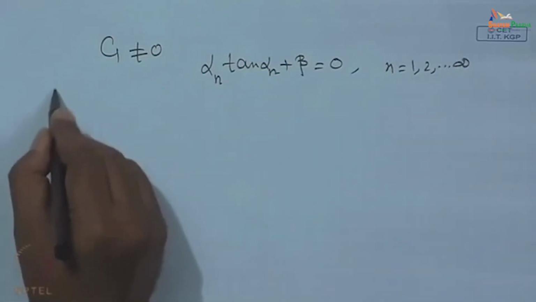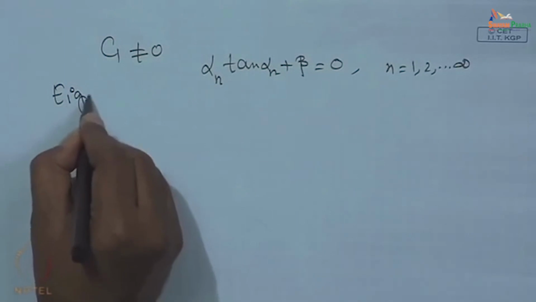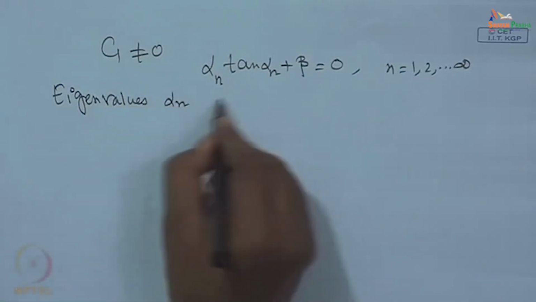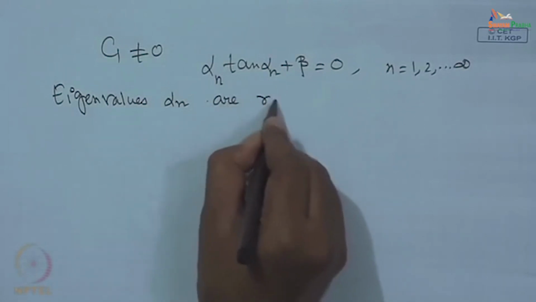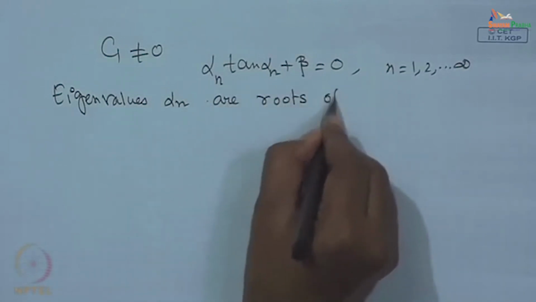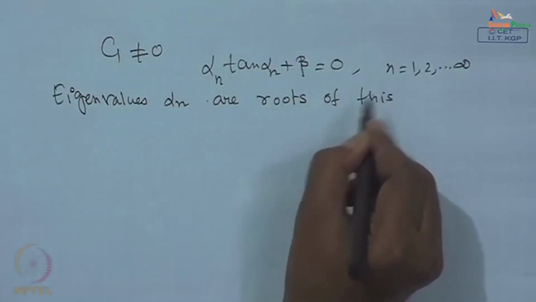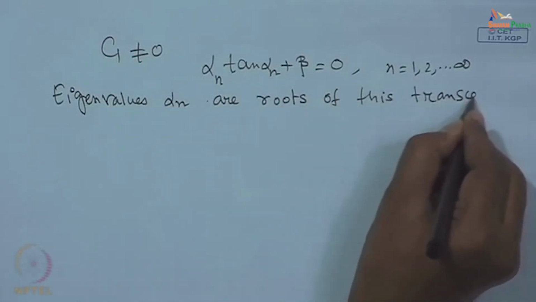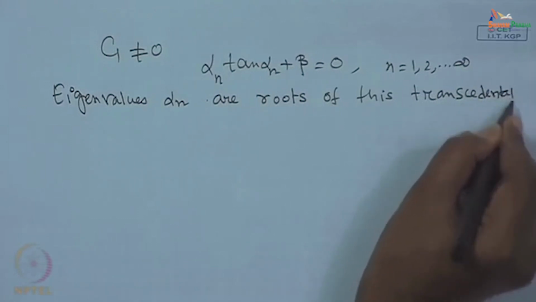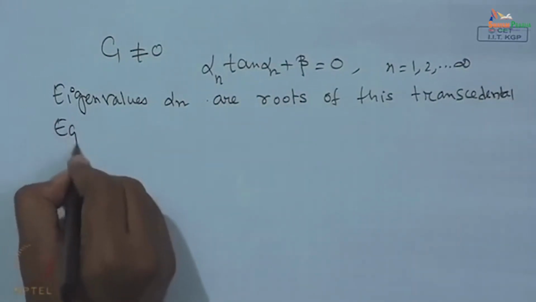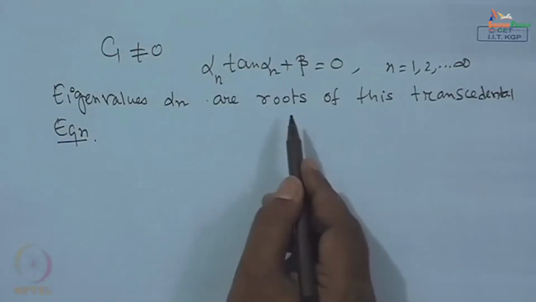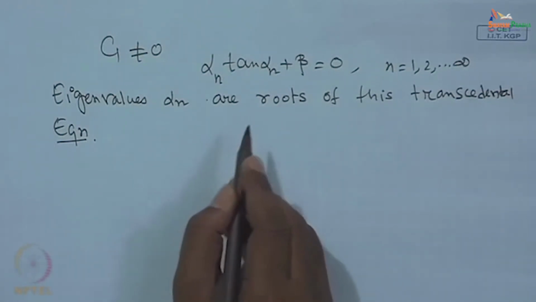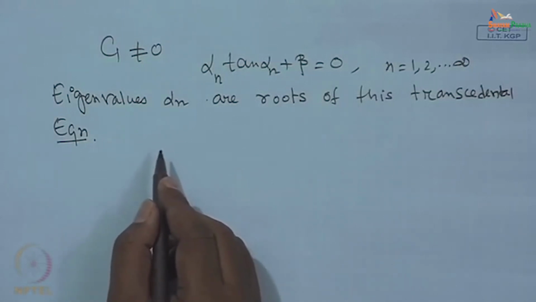So, the eigenvalues alpha n are roots or zeros of this transcendental equation. These roots can be evaluated numerically and one can get those values. The corresponding eigenfunctions are sine functions.